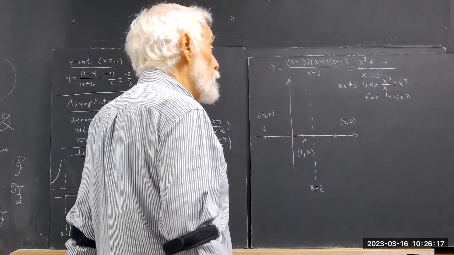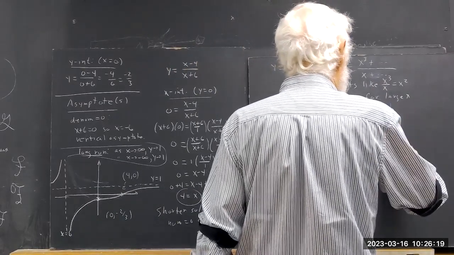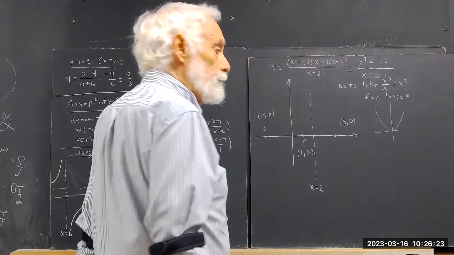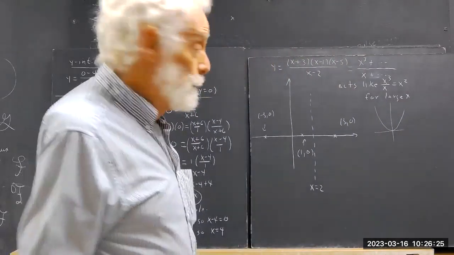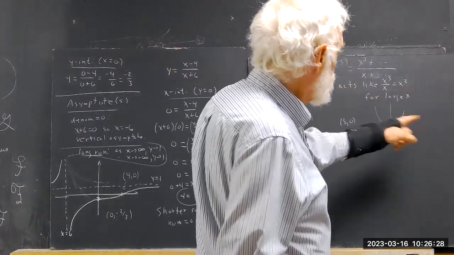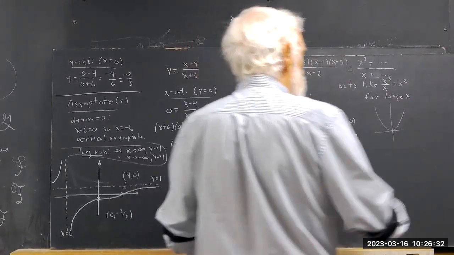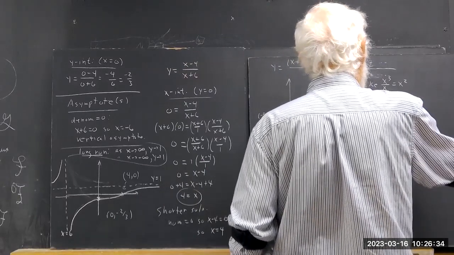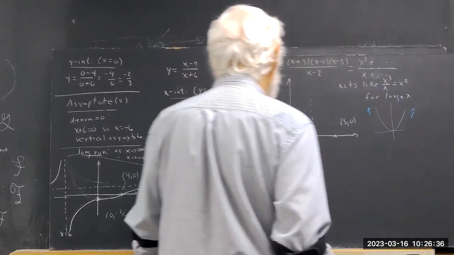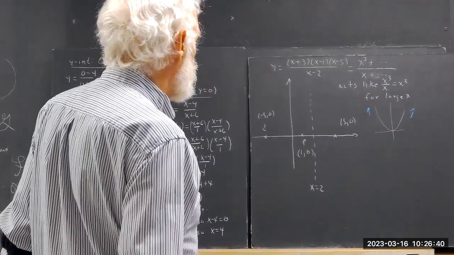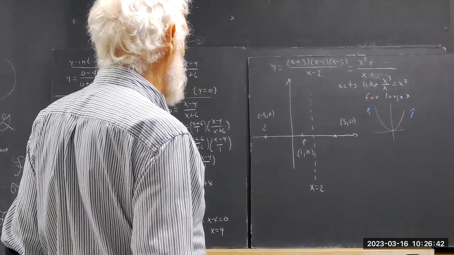What does x squared look like? It looks like this. Meaning that as x goes to infinity, it's got to do this. Got to go up on this end. Got to go up on this end. Now I haven't yet found the y-intercept.